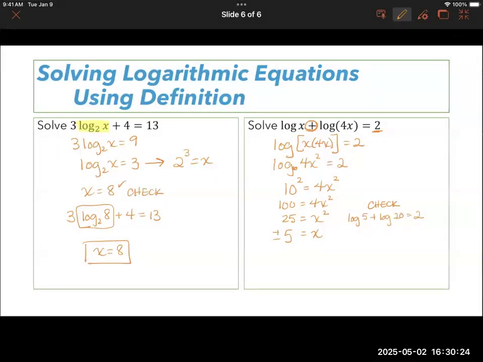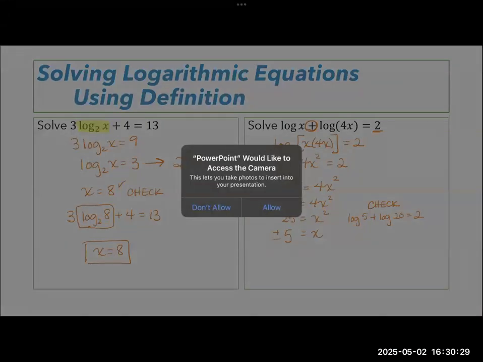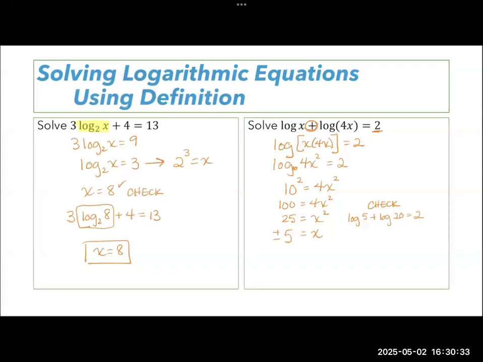Okay. Now, if I'm going to use the negative 5, then I would have a log of negative 5 plus a log of negative 20 equal to 2.